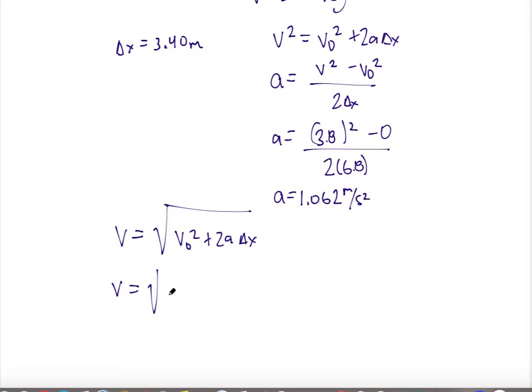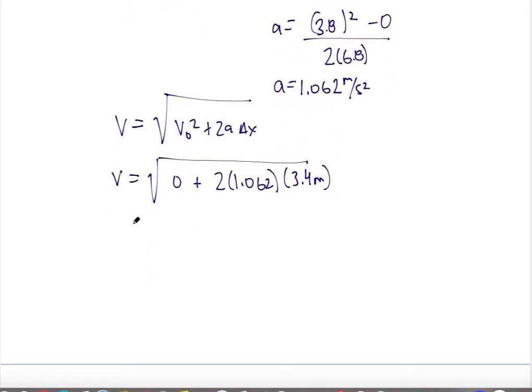So this will be the square root of 0 plus 2 times 1.062 times now 3.4 meters. And I will see that my velocity ends up being 2.69 meters per second.